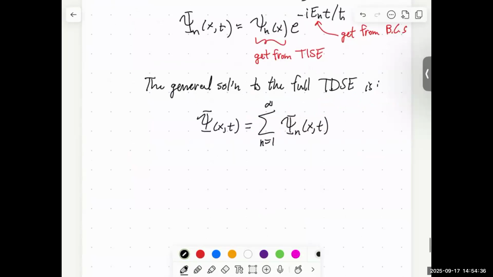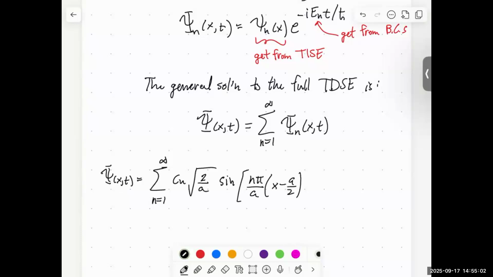Okay, and so we could write this down for our infinite square well, and it's going to look like this. Psi equals the sum n equals 1 to infinity of Cn, square root of 2 over a, that was our normalization. Then we have the sine of kn, where kn was n pi over a, times x minus a over 2 for us. And then we had the exponential, which contains the time dependence. It was e to the minus i En t over h bar.